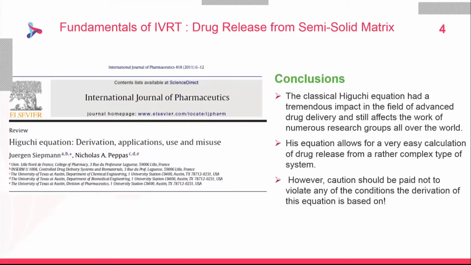The classical Higuchi equation had a tremendous impact on the field of advanced drug delivery. This equation allows very easy calculation of drug release from complex types of systems. However, caution should be paid not to violate any condition on which the derivation of the equation is based.